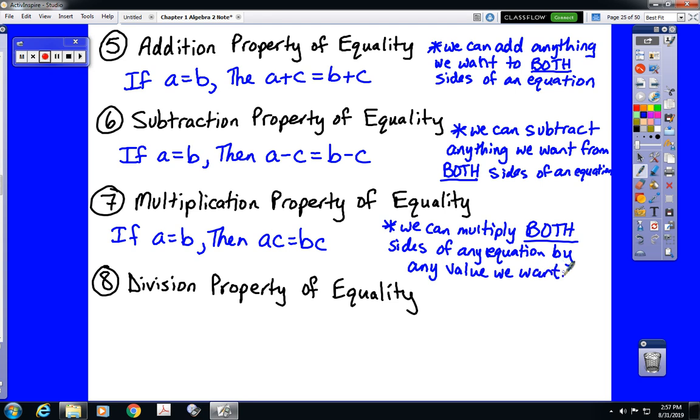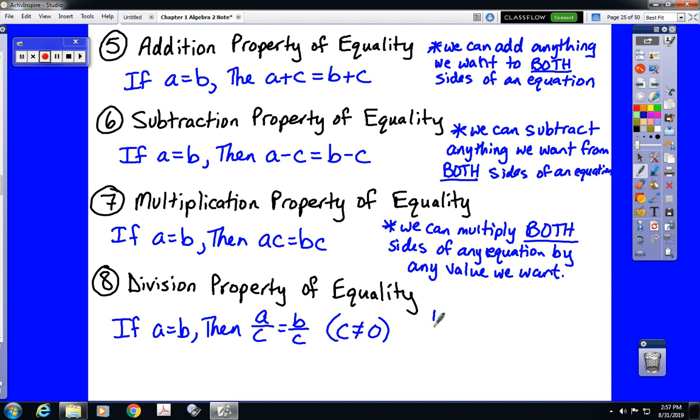And finally, division. Now, division does have a bit of a side note on it, okay? If A is equal to B, then A divided by C is equal to B divided by C, but C is not allowed to be 0. Again, that's because we can't divide by 0.